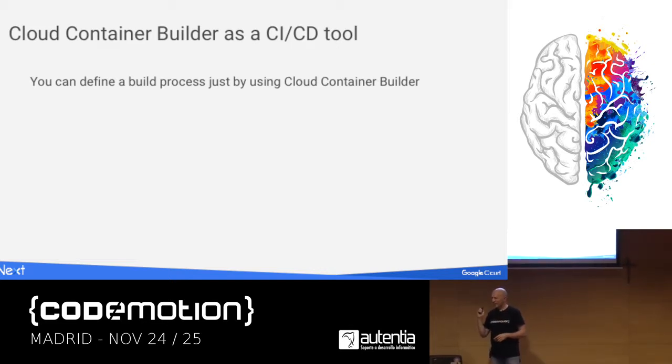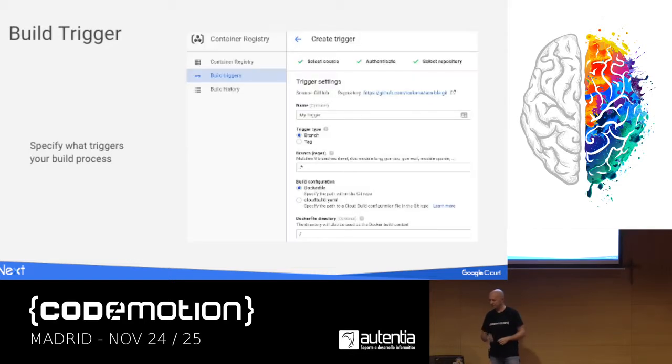With Container Builder as a continuous integration tool, whatever happens in your source code repository is going to automatically trigger your pipeline. There are different ways, but in general, the screen looks exactly like this. Like, hey, I want to create a trigger, and this trigger is going to have either a branch, it's going to be triggered by any commit on my branch, or it's going to be triggered by a tag.